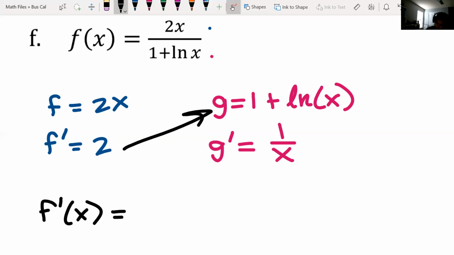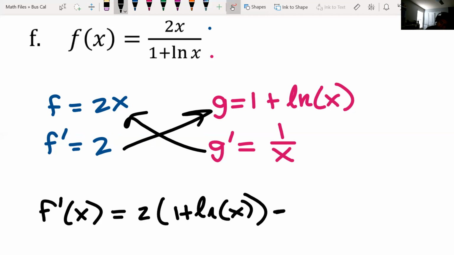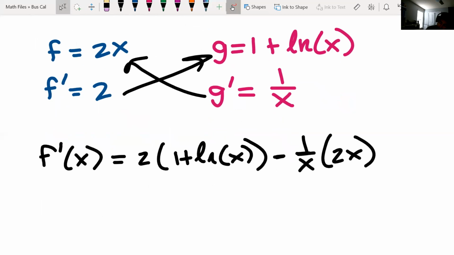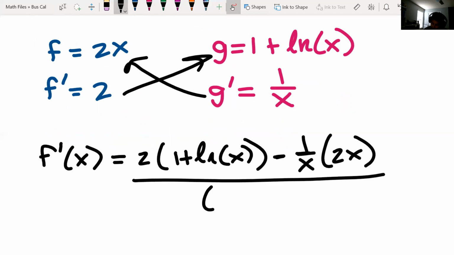F prime g. 2 times 1 plus the natural log of x, minus g prime f, 1 over x times 2x. And we put this all over 1 plus the natural log of x squared.